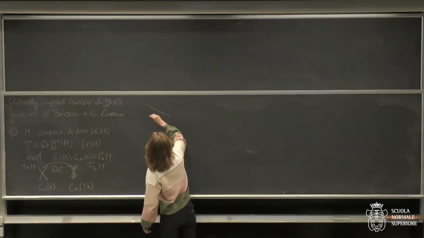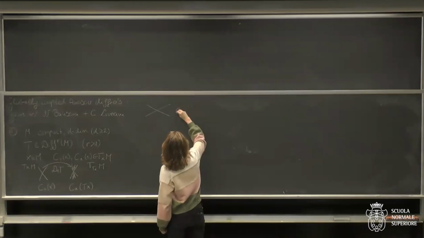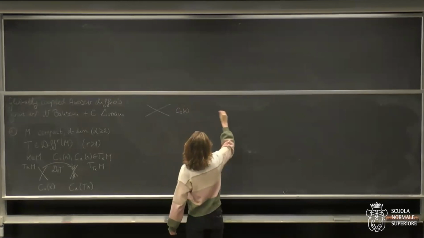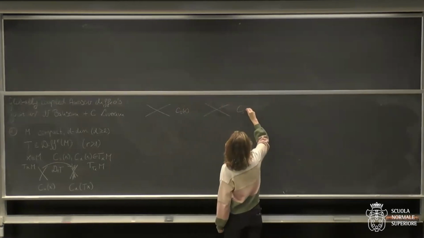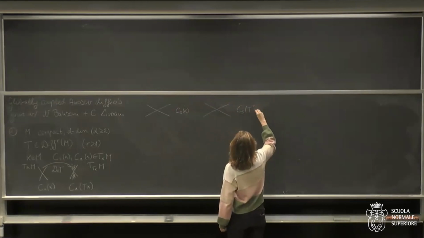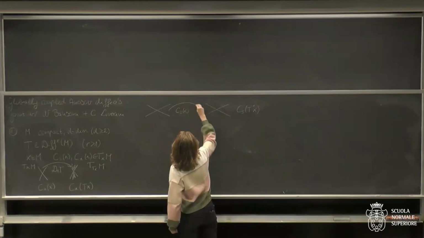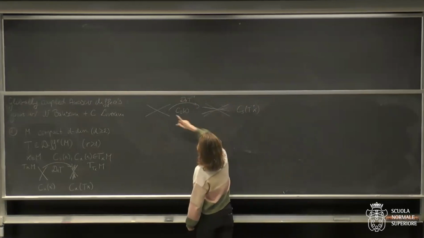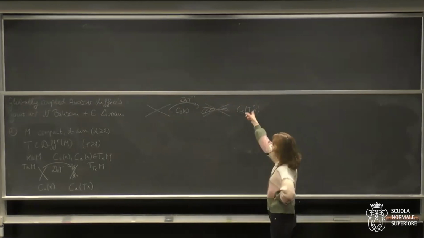So here I have my stable cone in the tangent space of x. And here's a stable cone in the tangent space of the preimage of x, and the derivative of the inverse maps this cone strictly inside that cone.